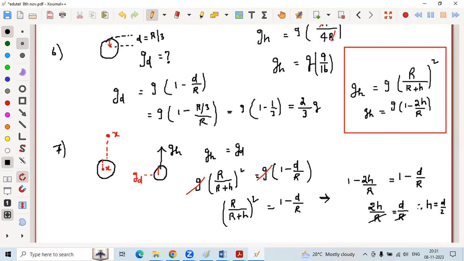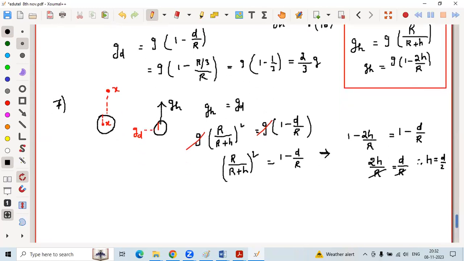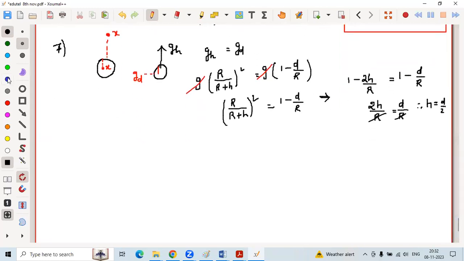How? Because radius is 0, sir. Okay, that is one answer. Second thing, I'll explain through formula. எப்படி தெரியுமா? My question is, you are going and standing at the center of the earth. Then what happens to gravitation?